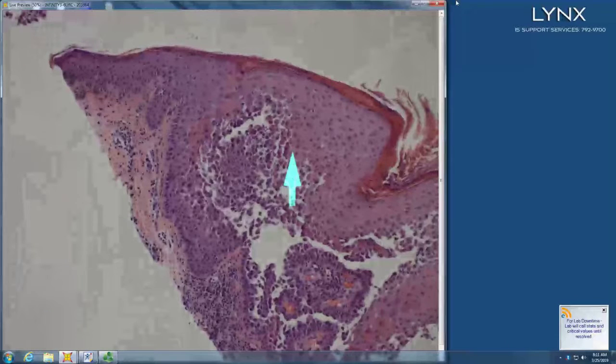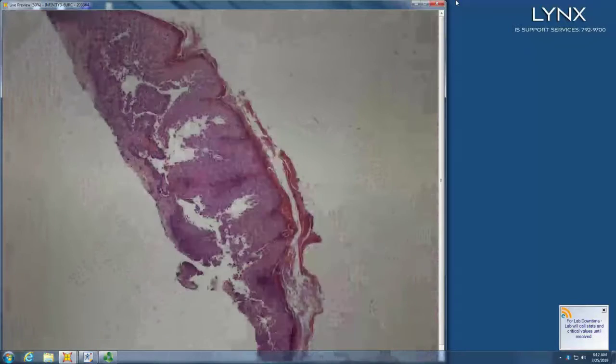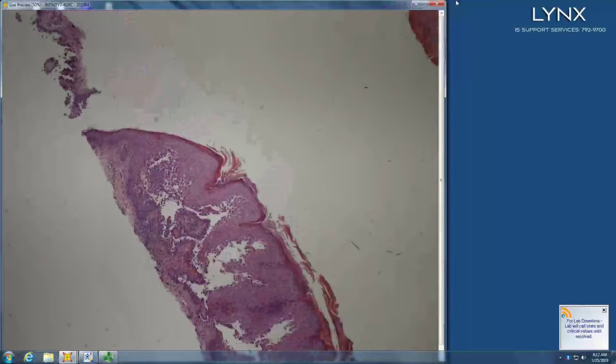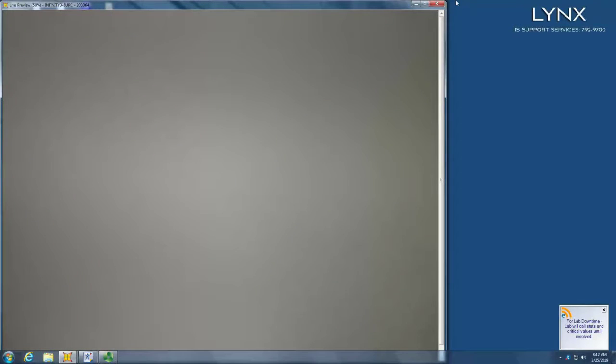Just acantholysis, dyskeratosis, and this thing is kind of seb-like. So it could be Vulval Darier's, could be just acantholytic dyskeratoma. You need the clinical.